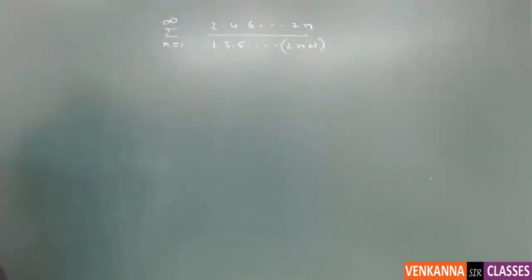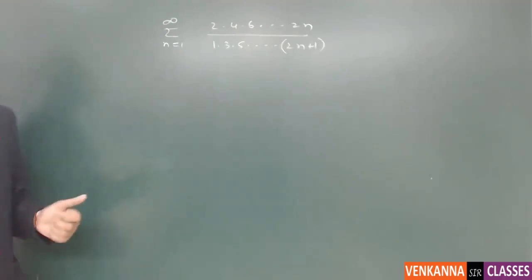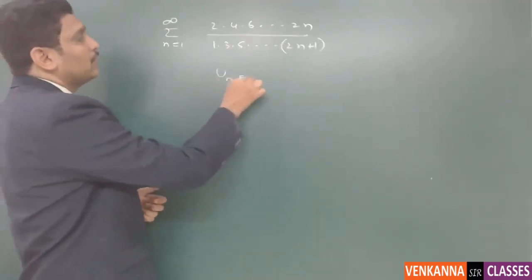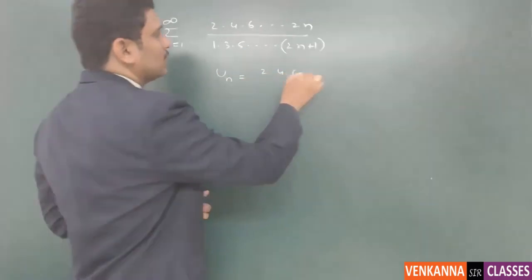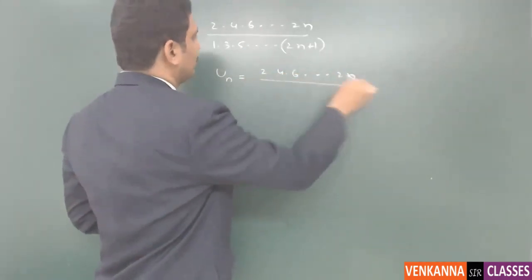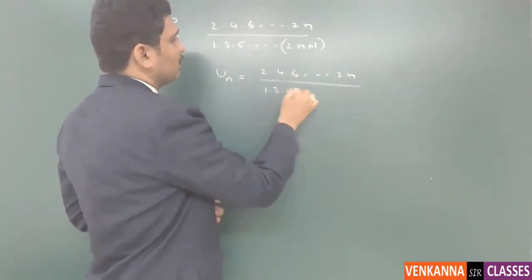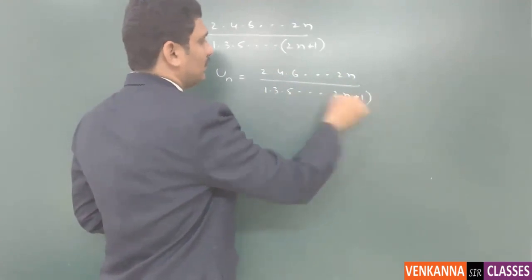So please take a note of it. Right. So what is un here? Un is equal to 2 into 4 into 6 into so on to n by 1 into 3 into 5 so on to n plus 1.